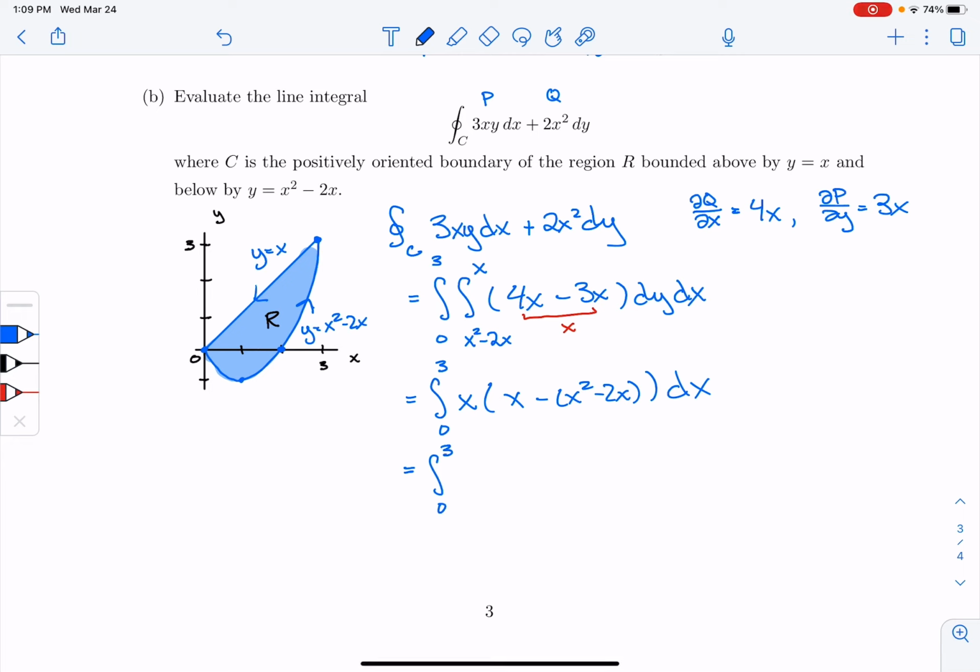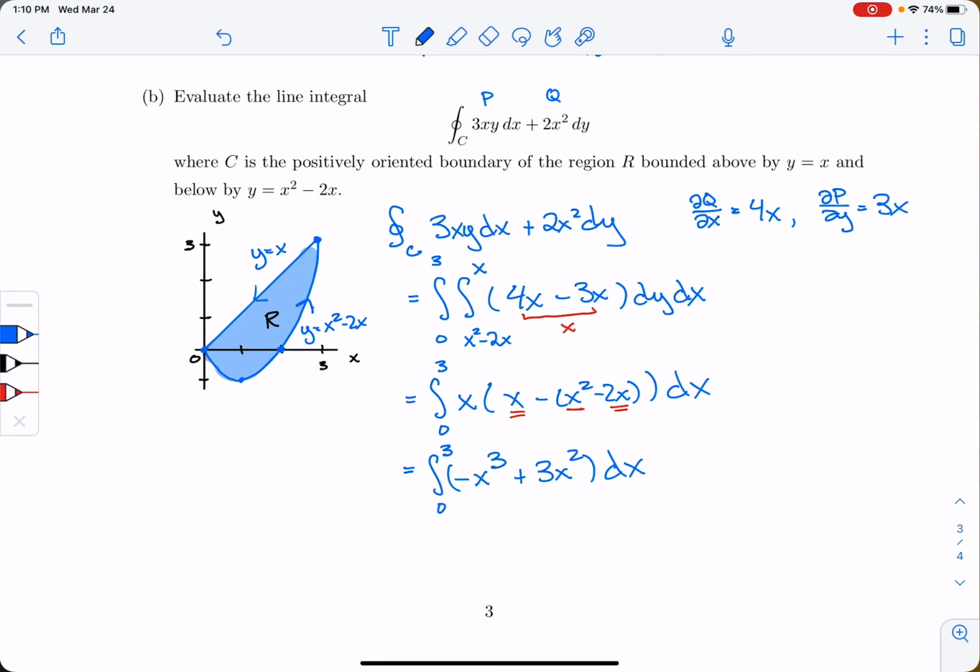I'm going to notice that I have x times a minus x squared. That's going to give me a minus x cubed. And then I'm going to have a plus 2x plus x. So that's a 3x times x. So that's a plus 3x squared. So I'm going to integrate that dx.